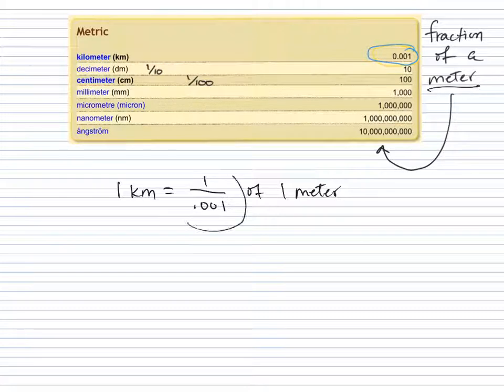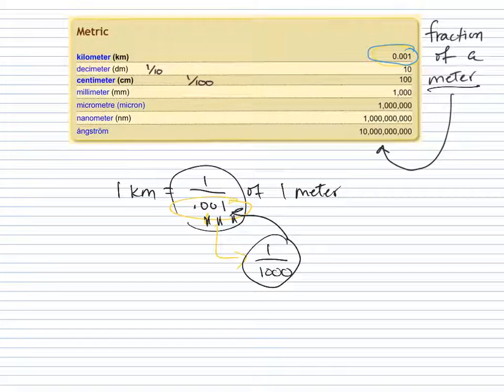So what the heck does this mean? 1 over 0.001. Well, let's look at the denominator first by itself. Do you remember how to change a decimal to a fraction? Well, let's look at how many units there are. Tens, hundreds, thousands, right? So this is 1/1000th of a meter. But that's just in the denominator.